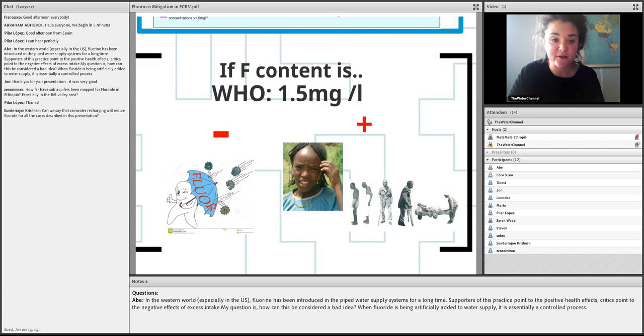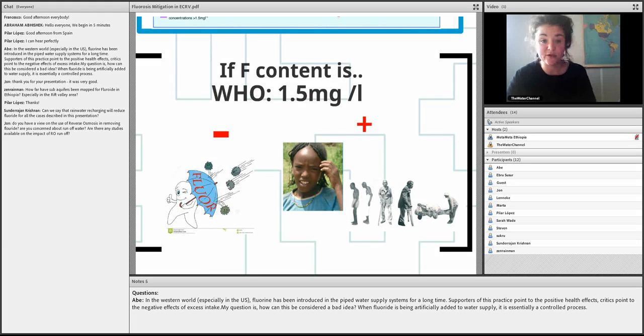But as I said also before, in low concentration, it can really help the development of bones, and on the contrary, it can also be good for avoiding caries. On the other side, high concentration of fluoride, in particular, nowadays the one set by the World Health Organization as 1.5 milligrams per liter, can lead to skeletal and dental fluorosis.